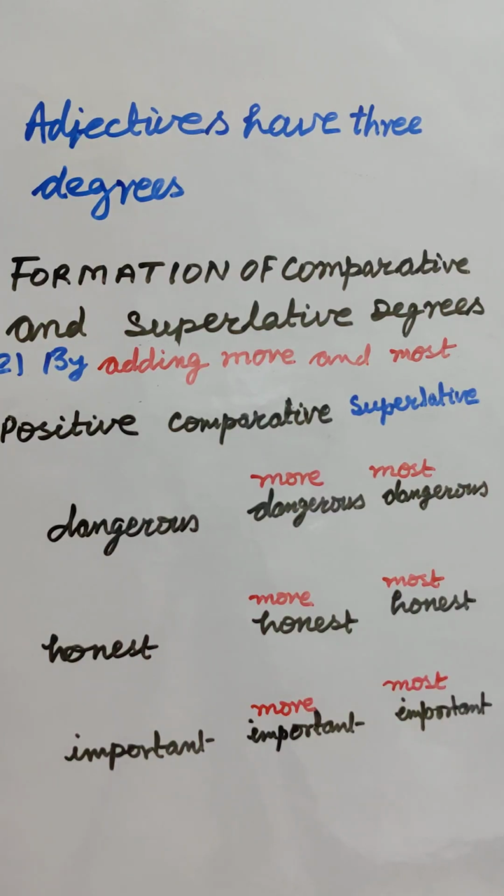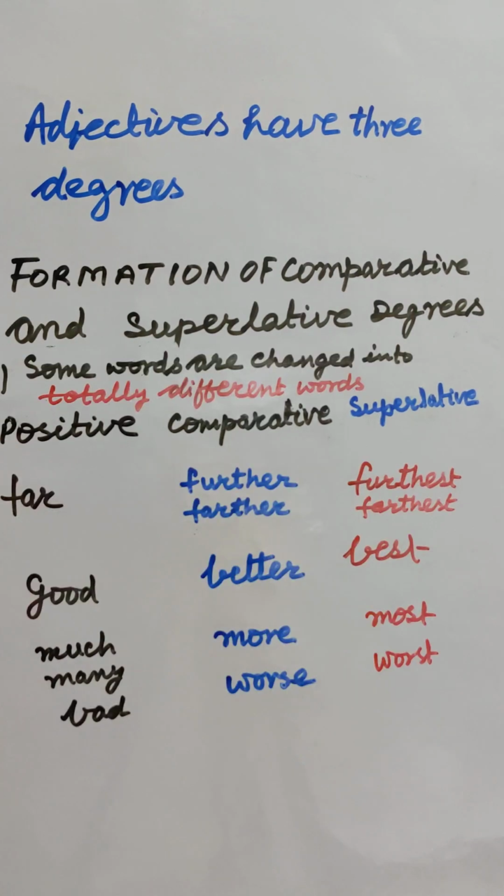Now, some words are changed into totally different words. We shall see some examples of those words also. Some words are changed into totally different words, like far: further and farther, both ways we write this word, for the comparative, and furthest and farthest for the superlative.